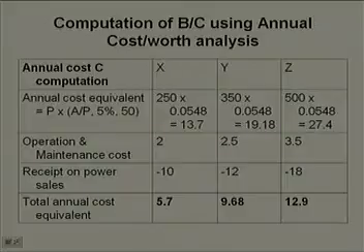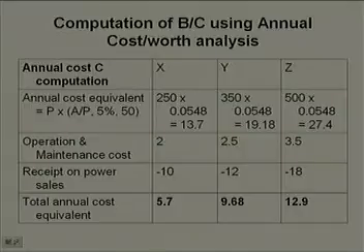You will find that the values you will get are 13.7 for X, 19.18 for Y and 27.4 for Z. Now the operation and maintenance cost is given to be 2 million for X, for Y it is 2.5 million and for Z it is 3.5 million.